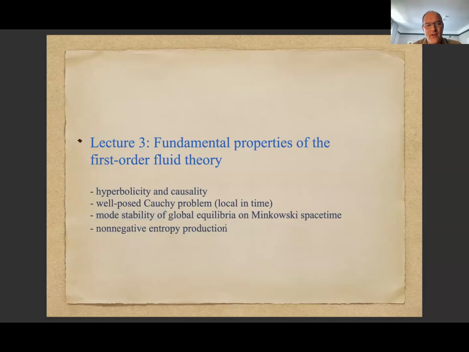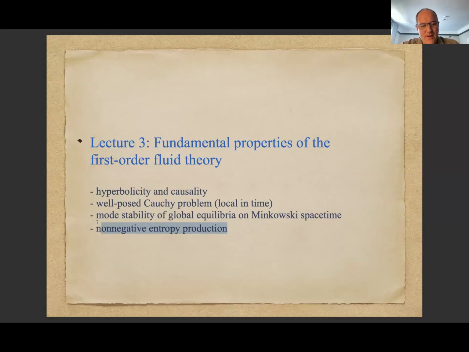And finally, I'm going to finish off with some comments on the entropy production. Remember, for the Boltzmann equation in the last lectures, we showed that there is a relativistic generalization of the H theorem. So there's an entropy flux you can write down, and if the distribution function is a solution of the Boltzmann equation, then this has non-negative entropy production.